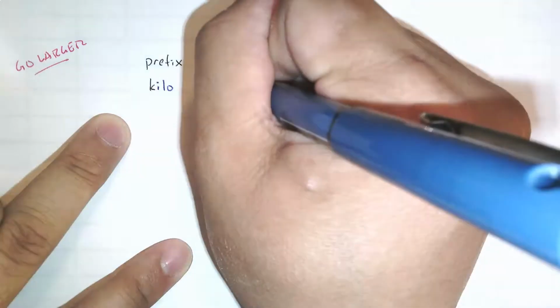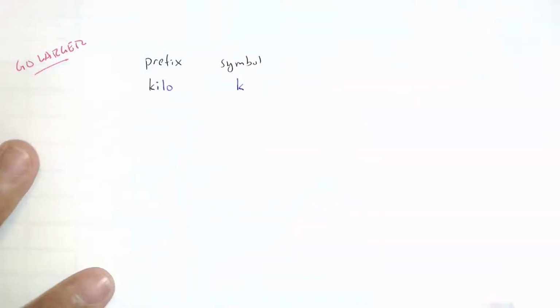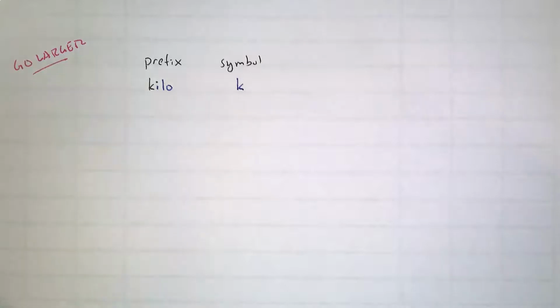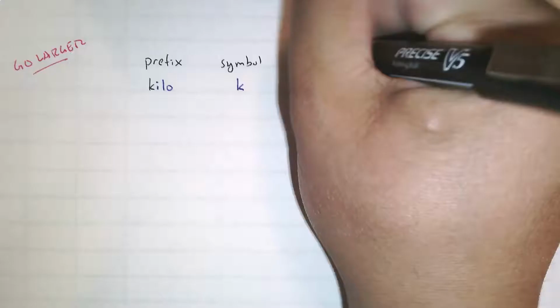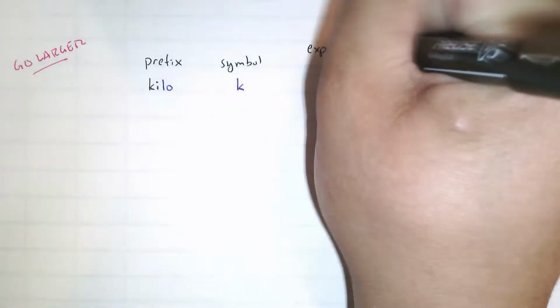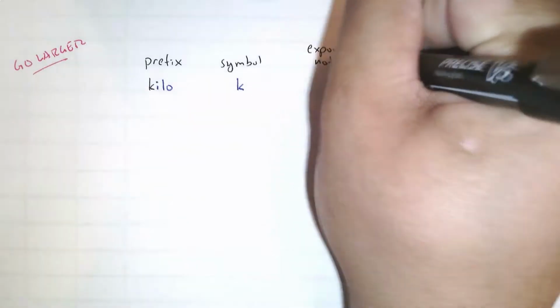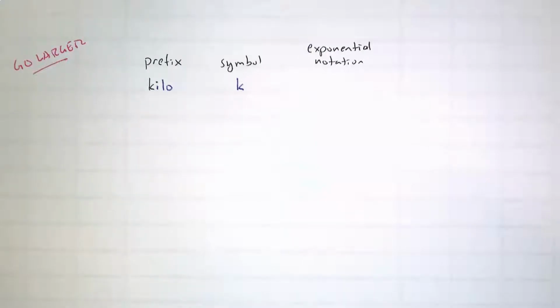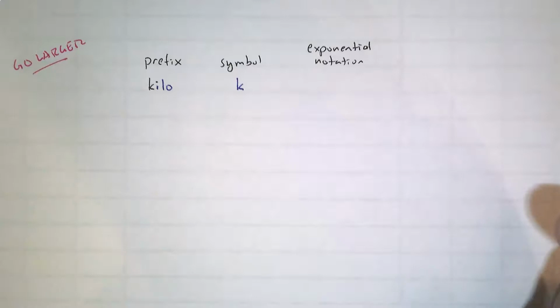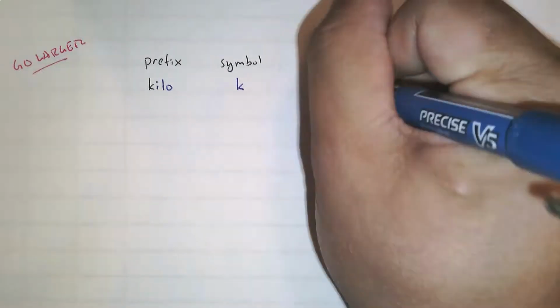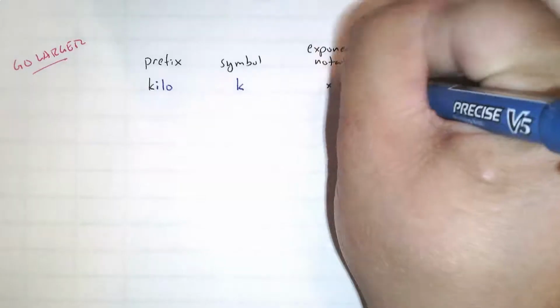Big K is Kelvin. So little k. And what do I have next? We have the exponential notation, or the multiplier. And there is no 10 to the 1. Oh, actually there is, but we're skipping that. We're going to go 10 to the 3. So your multiplier is 10 to the 3.